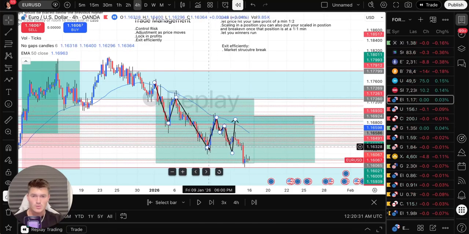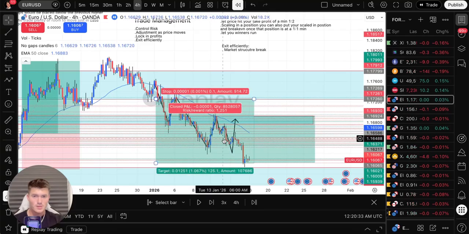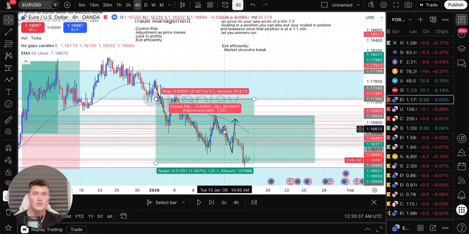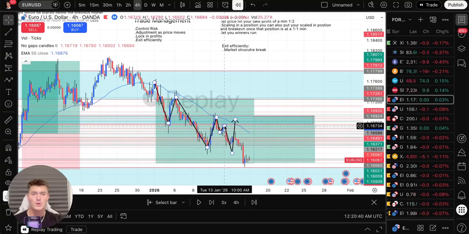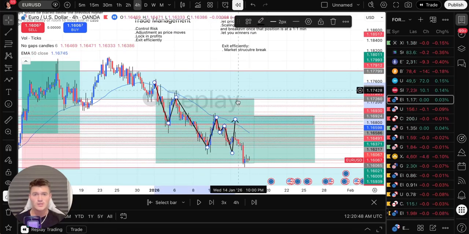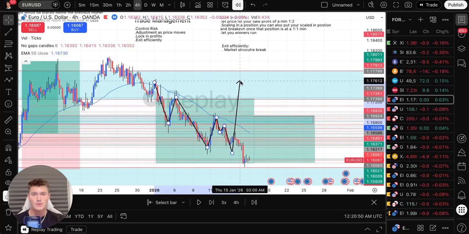So we broke below this lower low. Now shifting this to be our new lower low, this next point to be our new lower high, and then price shifted above. More than likely, this market is going to continue to go this way right here.